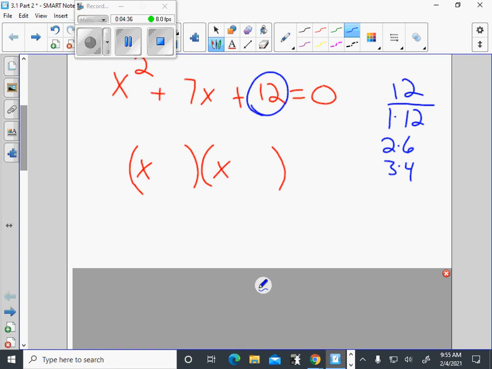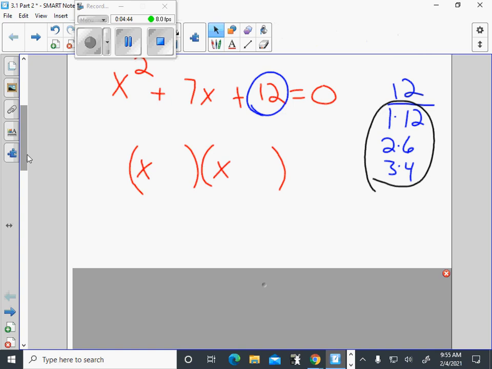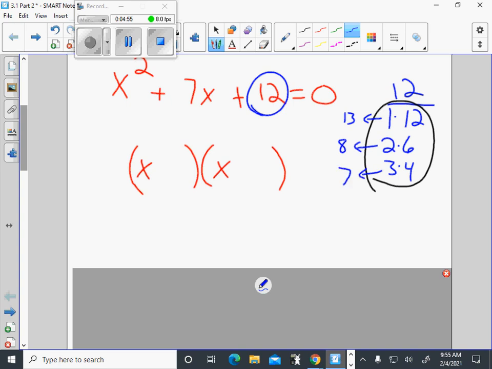Now, out of these factors over here that I'm circling, which ones add up to 7? 1 times 12, 1 and 12, that adds up to 13. 2 and 6, that adds up to 8. 3 and 4, there we go, that adds up to 7, right?